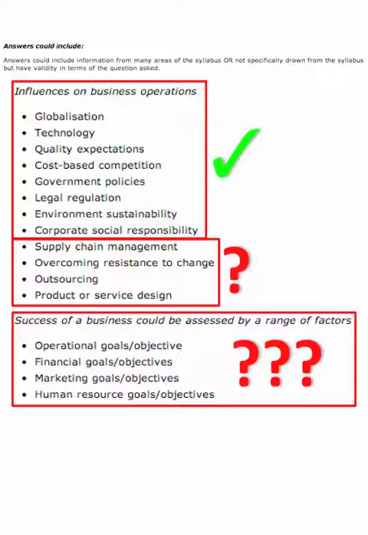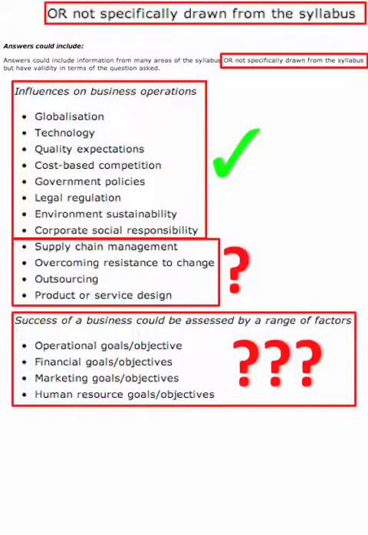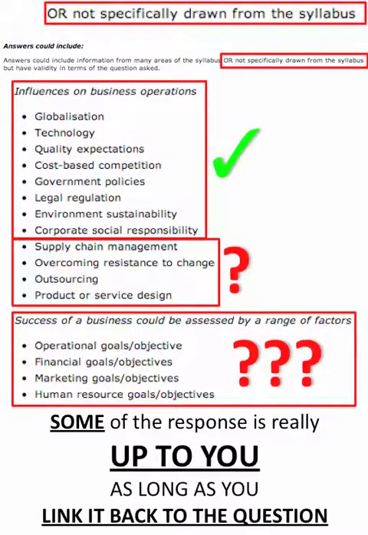Now, the good part is that it says in the answers can include part that it could include information not specifically drawn from the syllabus, as long as it has validity in terms of the question asked. So it's kind of up to you a little bit how you answer it, as long as you link it back to the question. And this is the same in the business report, and it's the same in pretty much all of the HSC. The markers are looking for ways to give you marks.